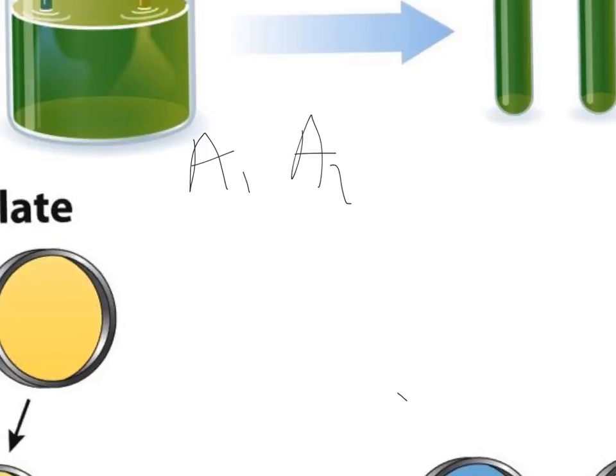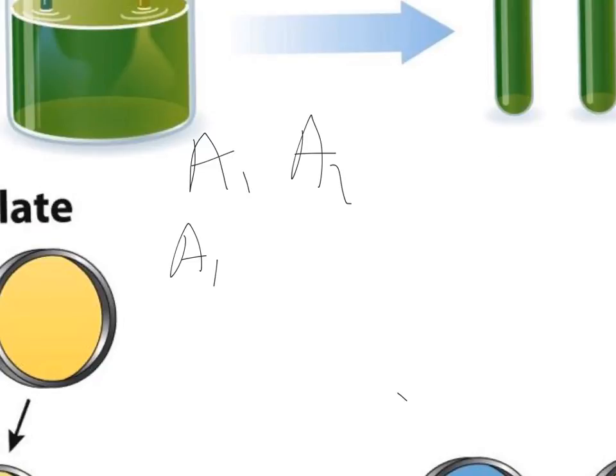Now remember, we're diploid. You and I are diploid. We have one chromosome from our mama, one chromosome from our papa. We've got 23 pairs of these chromosomes, in other words, one from each parent. And so with a very simple model like this, we actually have three genotypes.